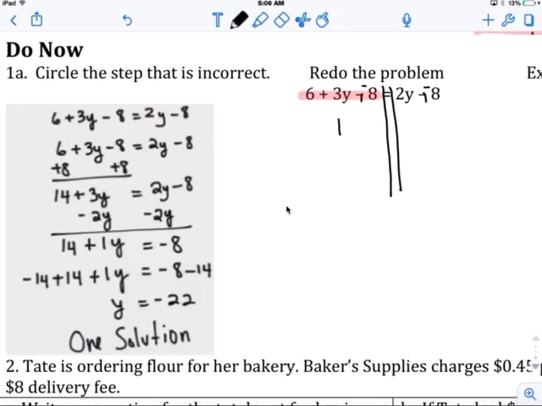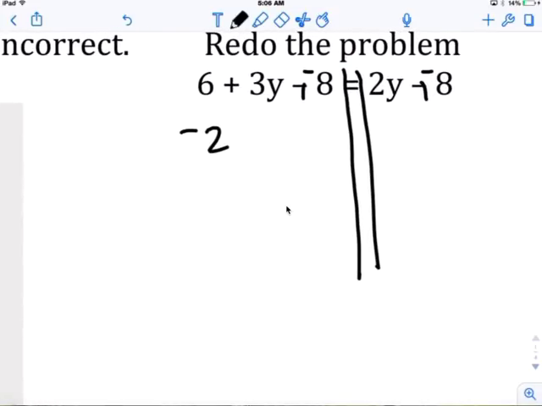Problem 1, you can do 6 plus negative 8. 6 plus negative 8, you get negative 2. Okay? Then you bring down that 3y plus 3y equals. You can't do anything on this side of the problem, 2y plus negative 8. Just bring it down.